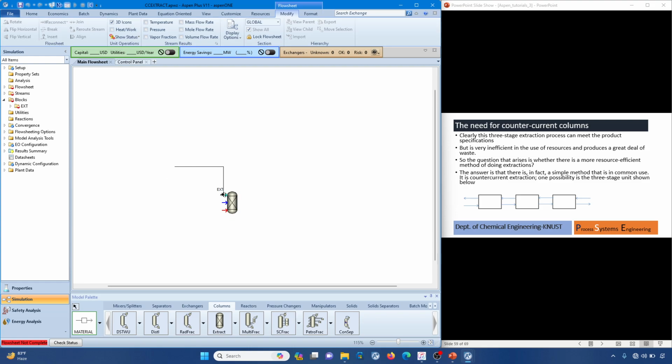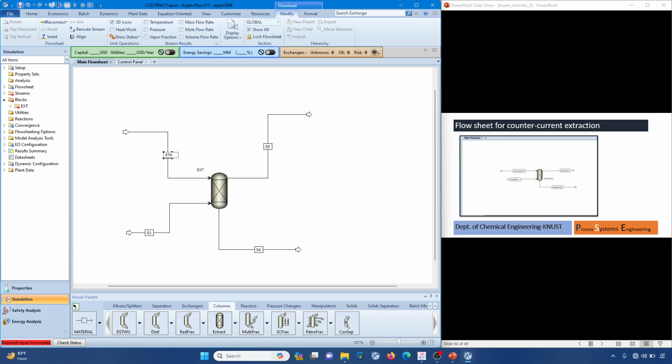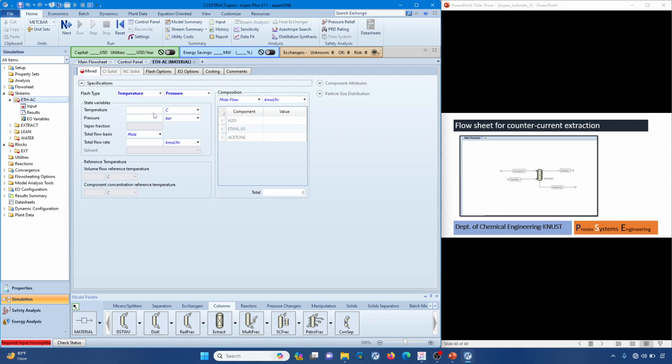Connect all the required streams. Right. Same problem. Could have maintained the feed streams. Wouldn't have to do this.